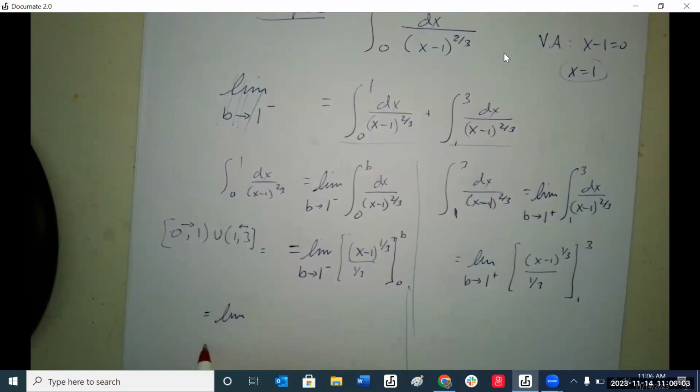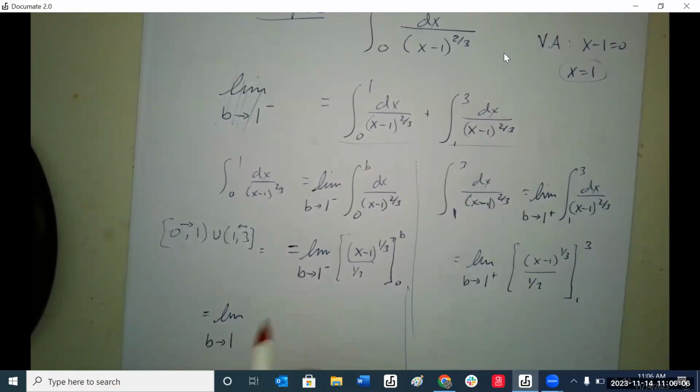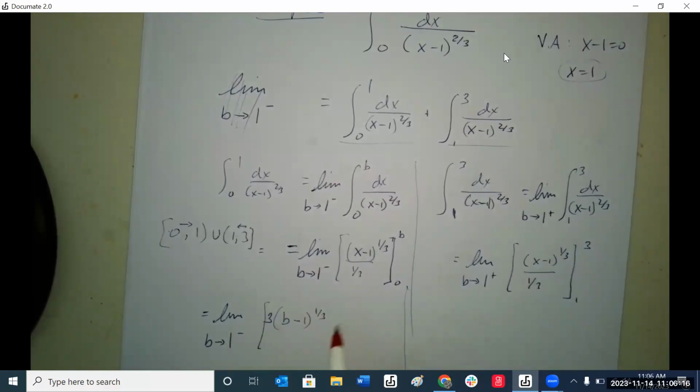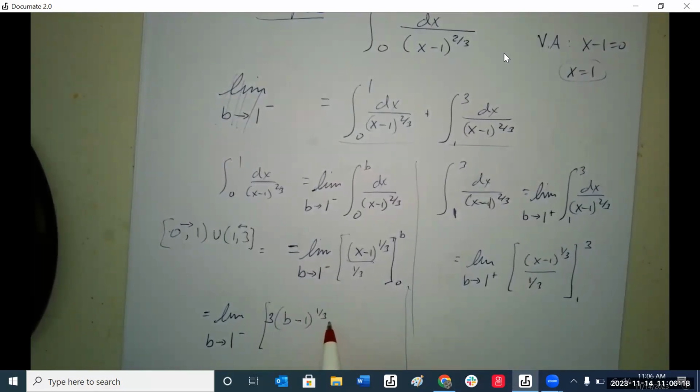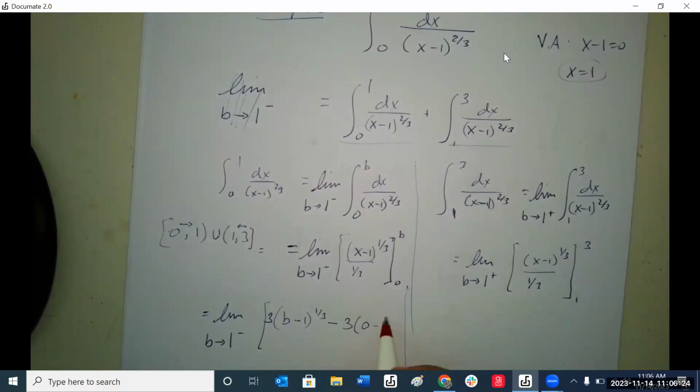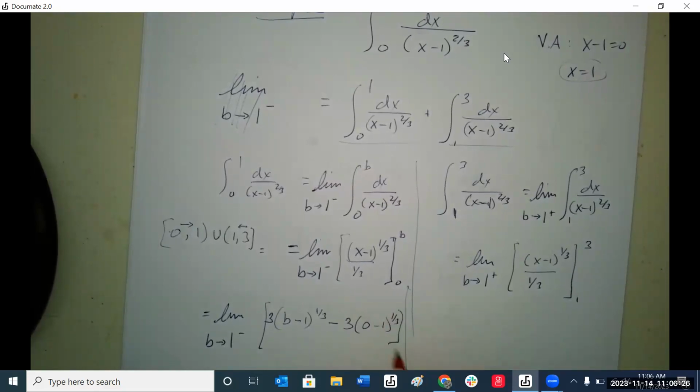So that one becomes (b minus 1) to the 1/3. This one becomes a 3 coefficient, minus 3 times (0 minus 1) to the 1/3.